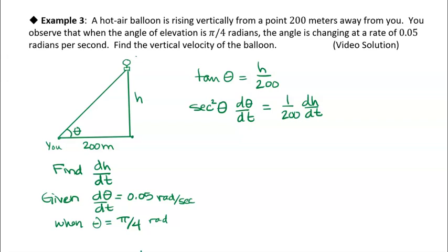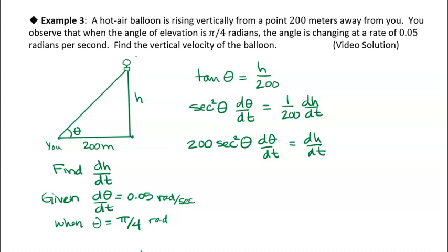So if I multiply both sides by 200, I'll have it. So we have 200 secant squared theta times d theta/dt is equal to dh/dt. All right, we're getting there. Now, all we need to do is put in what we know.